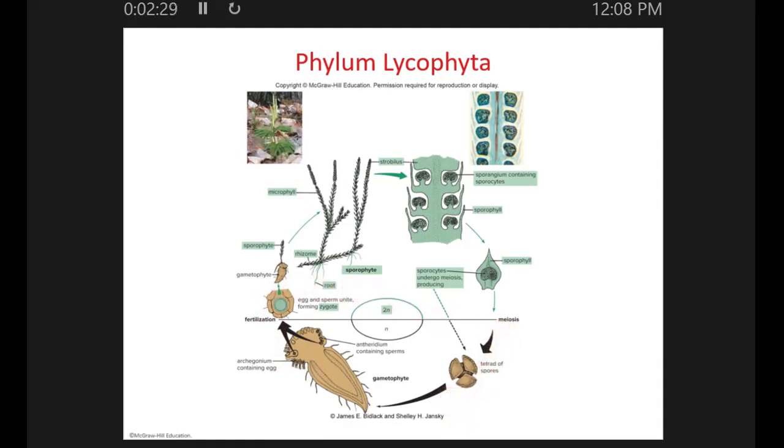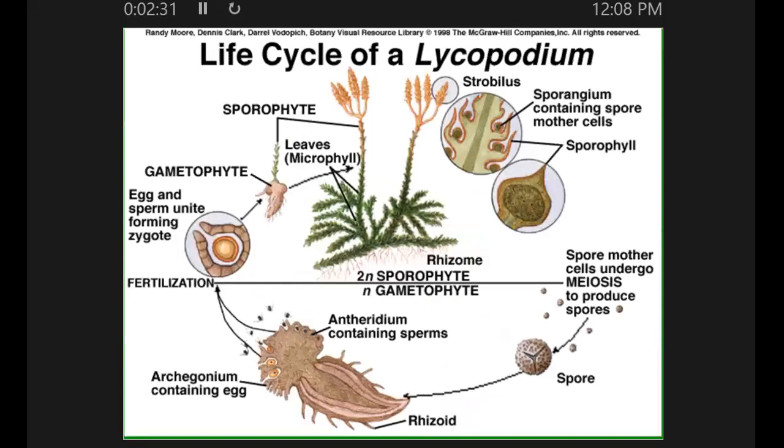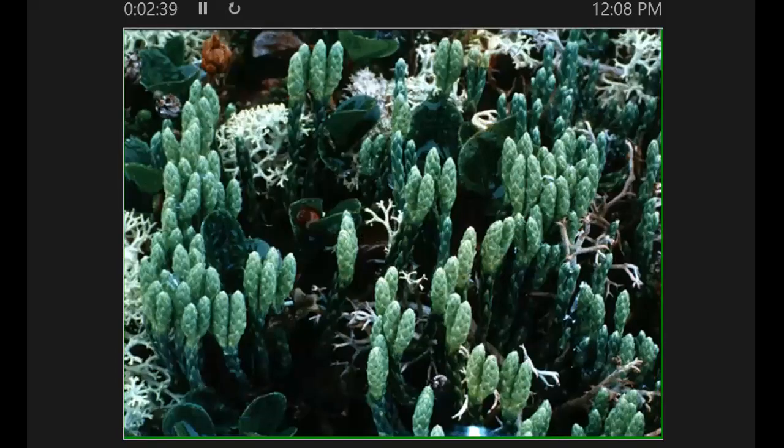So this is from your book. This one is not from your book, but it has a little bit more text just for studying purposes. It's the same idea as what we just saw, so use that for study purposes. Then just looking at some visuals of how the different species might look out in their native habitats. Here you can see the strobili are quite plump and very noticeable compared to the last image.